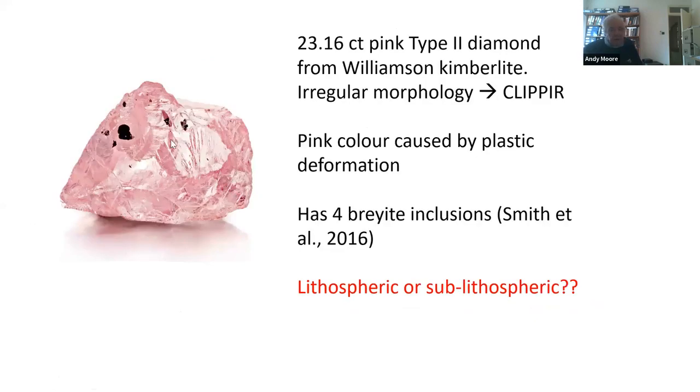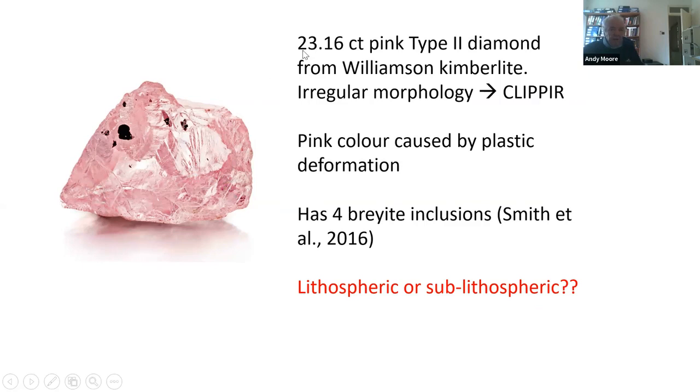For example, this is a nitrogen-free stone. These are black graphite inclusions, probably. It's from the Williamson mine. The pink color, as Fanus mentioned yesterday, is the result of plastic deformation. And the morphology is shouting out that this is a Cullinan-type stone.